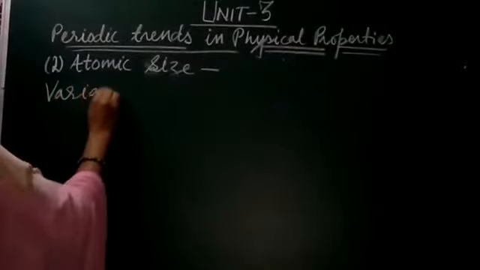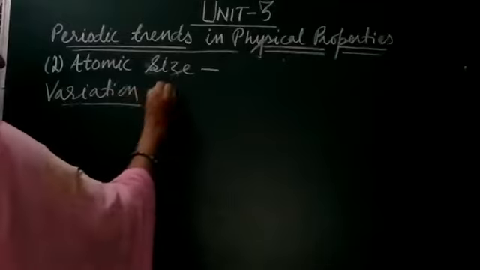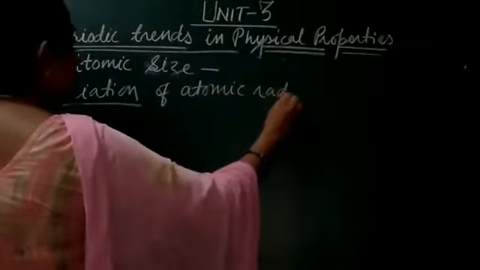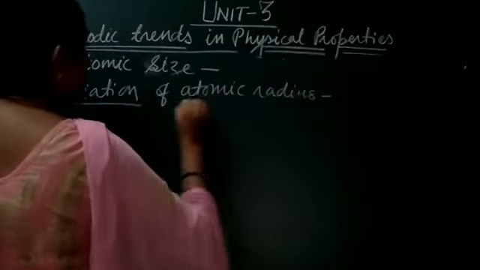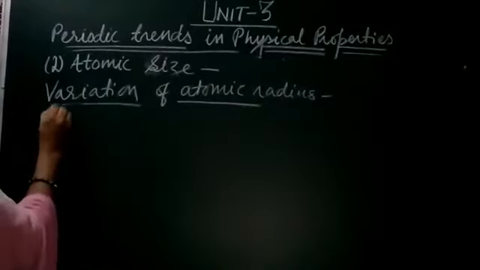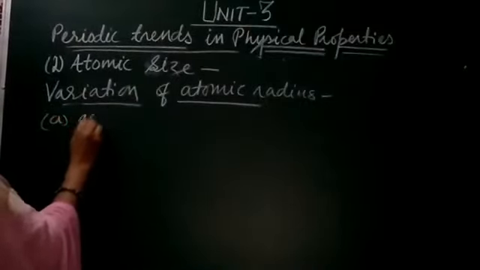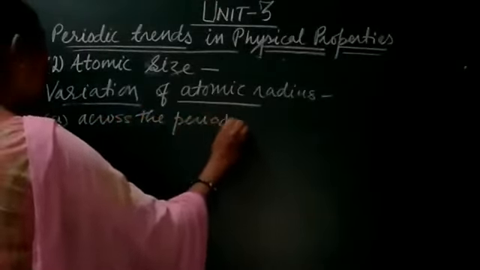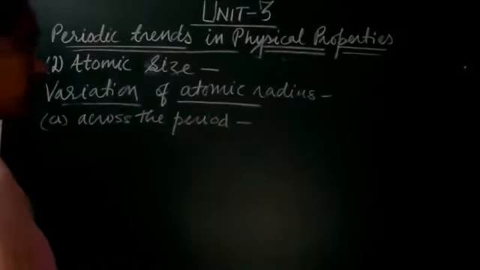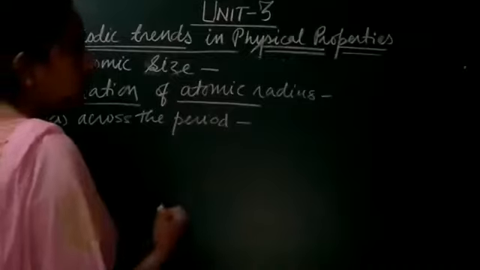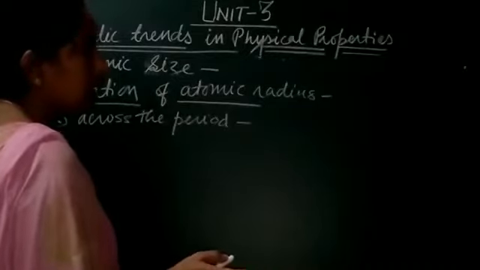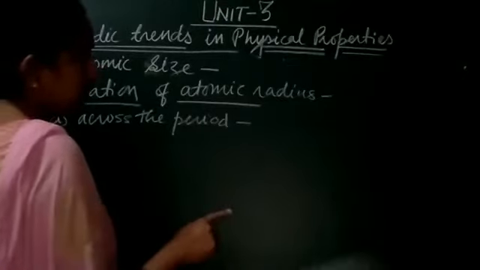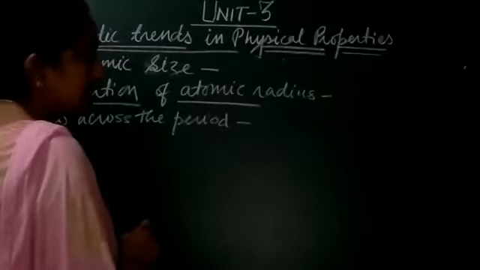So next we are continuing here, variation of atomic size or radius. First we have across the period. Now students, generally the atomic size on moving across the period from, we can say, group 1 to group 17, will not include group 18 here. From group 1 to group 17, when we move across a period, the atomic size decreases.